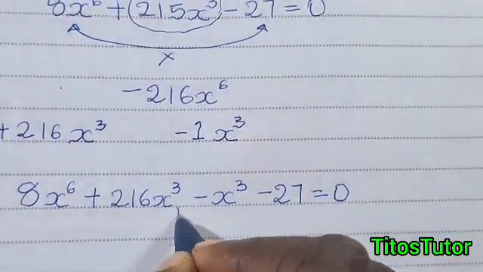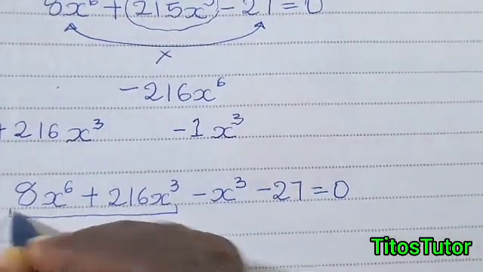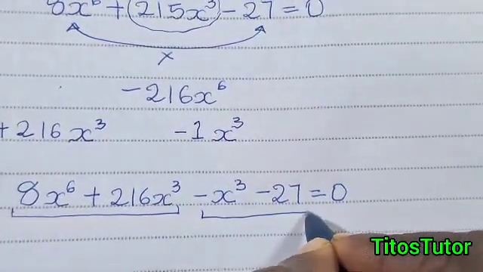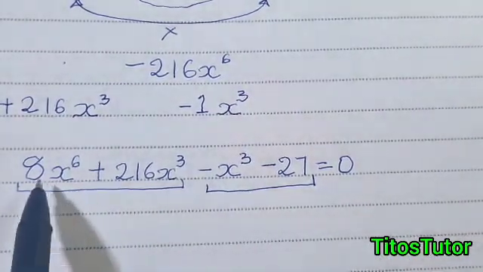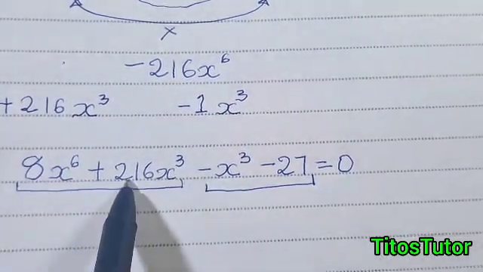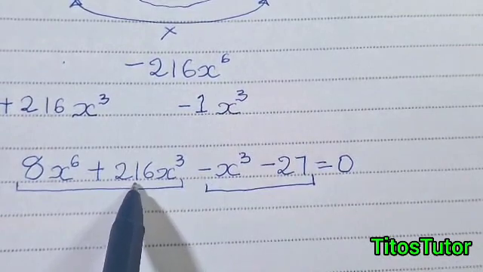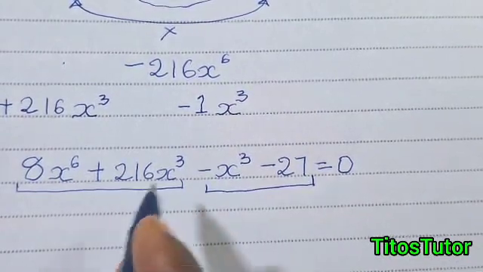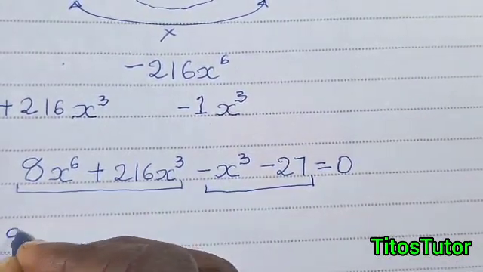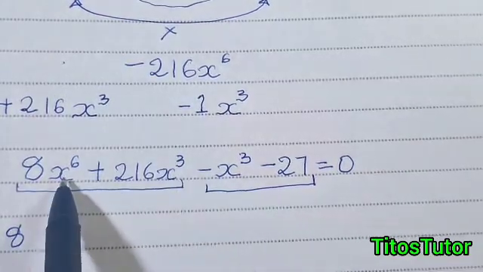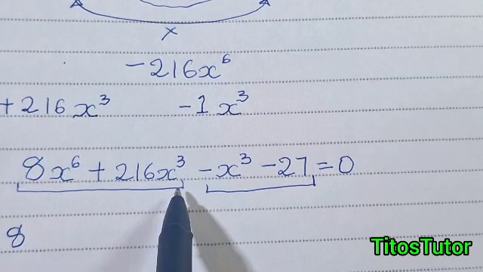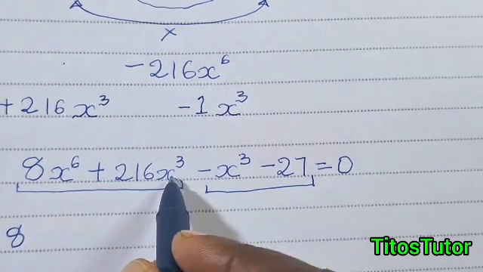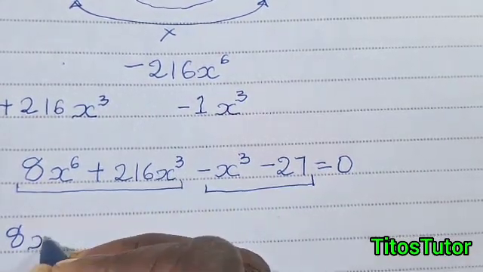Now, I'm going to group this into two and factorize. Here, 8 and 216 are both multiples of 8. So I'm going to factorize 8 out. x raised to the power of 6 and x raised to the power of 3 are multiples of each other, so the smallest one will be factorized out.